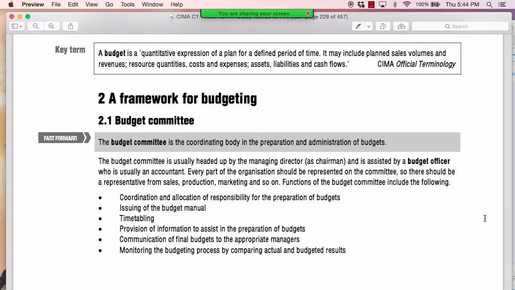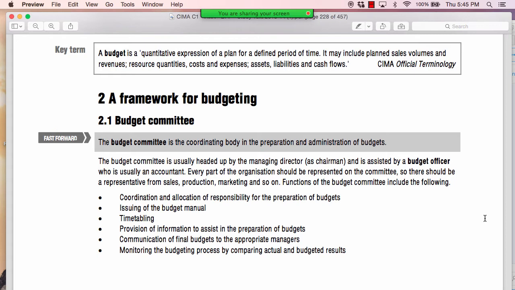So what do these budget committees do? They coordinate and allocate responsibilities for the preparation of budgets, so they will ensure each one of their areas provides the correct budget data in a timely manner. They will also issue a budget manual, as in what they're supposed to be doing, what can be included, what cannot be included, any governance around it. Of course, the timetable: what happens when, and the time frame where it closes.